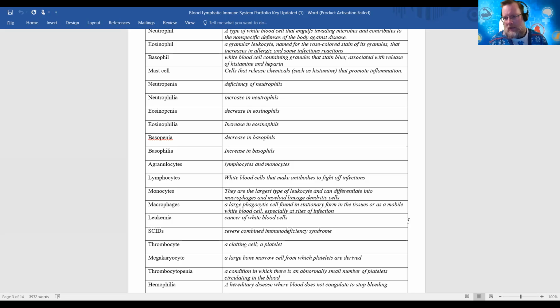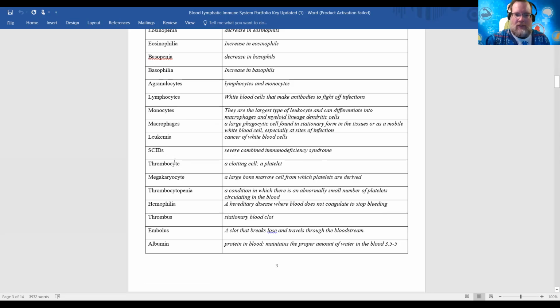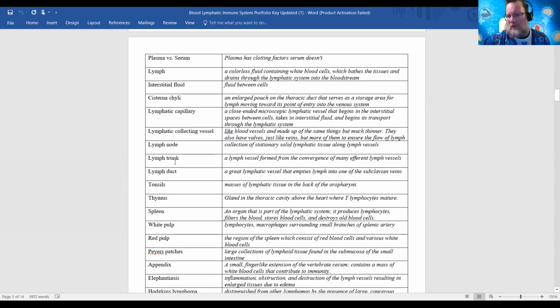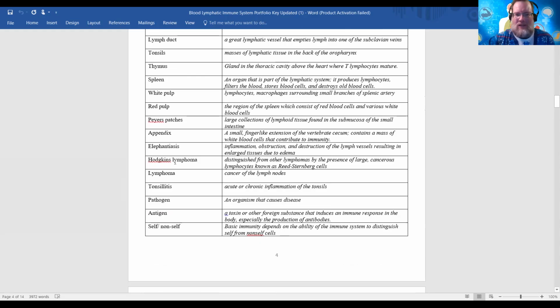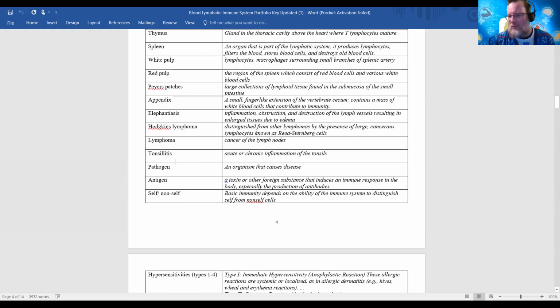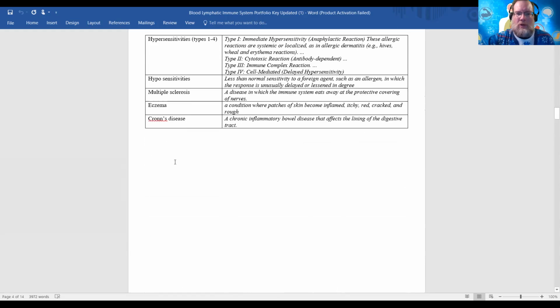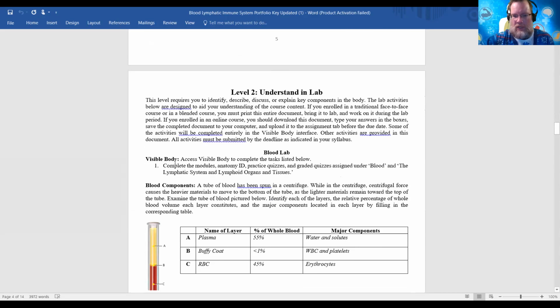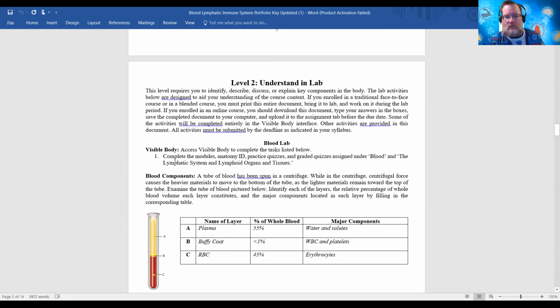We may see neutrophilia, so you've got too many neutrophils. If you see penia at the end, it just means not enough of something. Penia, P-E-N-I-A, is the opposite of philia. Those are more like pathology terms. I mix in a few pathology terms this semester, but for the most part, I think you guys have a specific pathology course.